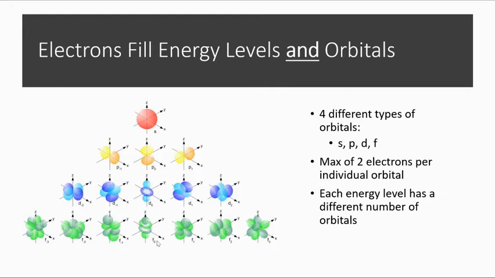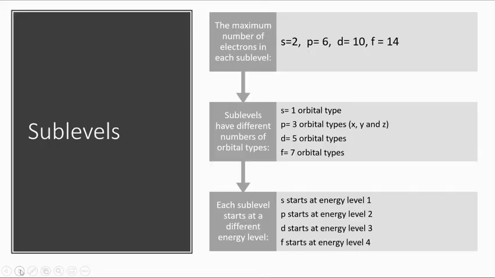So that sublevel is either S, P, D, or F. And then you have orbitals. Each sublevel has a different number of orbitals. S again has 1, P has 3, D has 5, and F has 7. Make sure that you see that the S sublevel can have a maximum of 2, P can have a maximum of 6, D 10, and F 14.